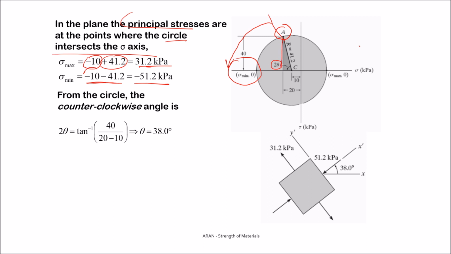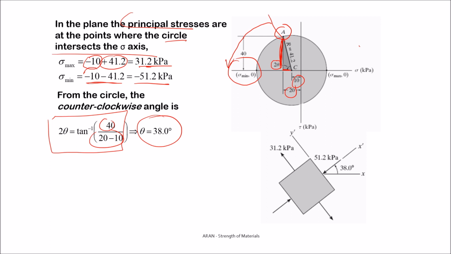Well, this is 40 divided by this value, that's 20 minus 10. And do this calculation, you find that the theta value is 38.